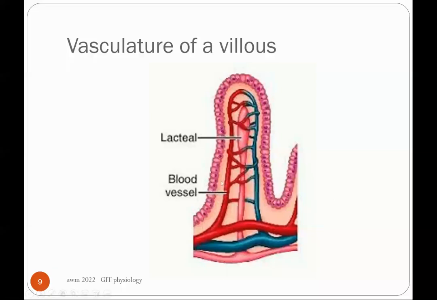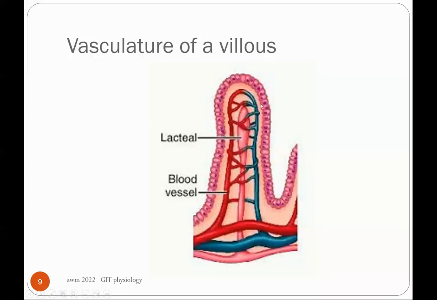And in between, you will have a branch of the lymphatics, which is known as the lacteal. Okay, so basically what happens is that the products of digestion of carbohydrate and protein will be directed into the venous side. Okay, the arteriole branch is going to be bringing oxygen and nutrients to this part of the body.